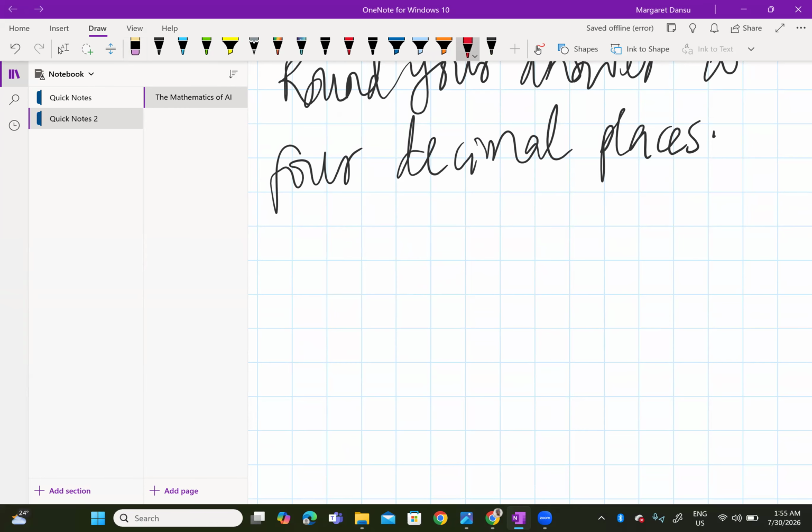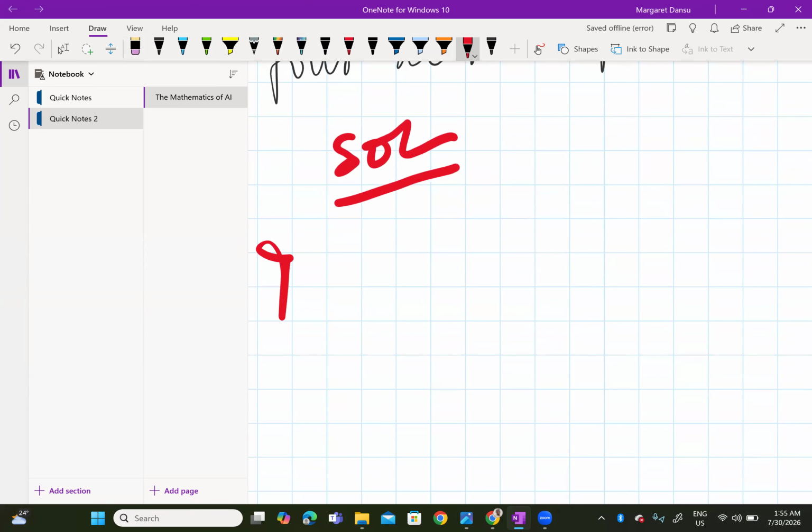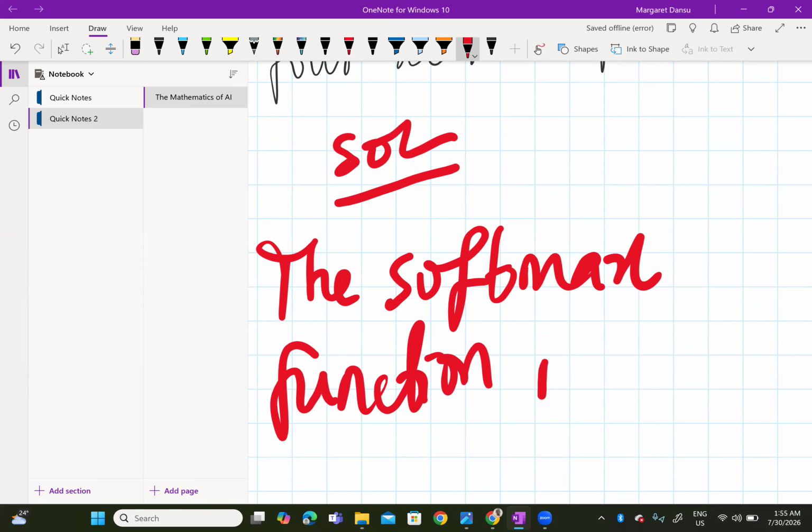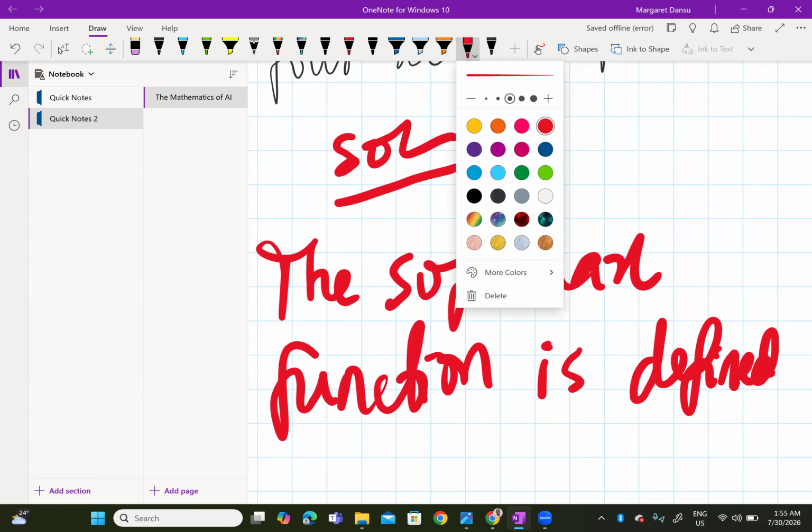All right, so solution. So we know that the softmax function is defined.